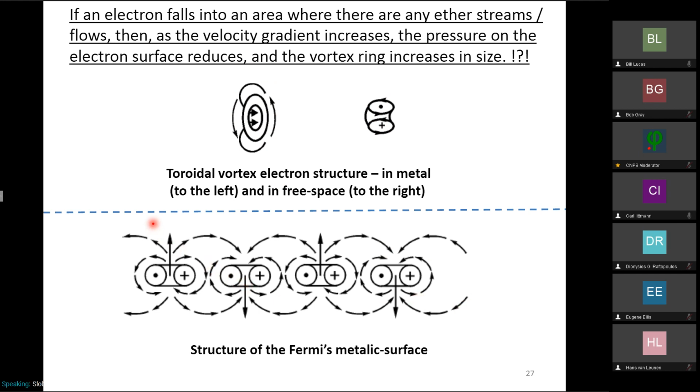Now, on the metal surface itself, the electrons get structure, so they form this pattern of up and down directions of this main axis, and then this creates Fermi's metallic surface.